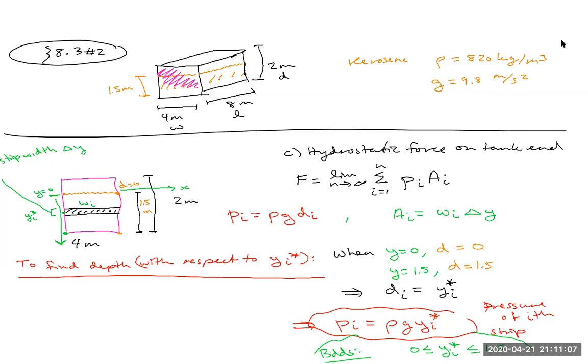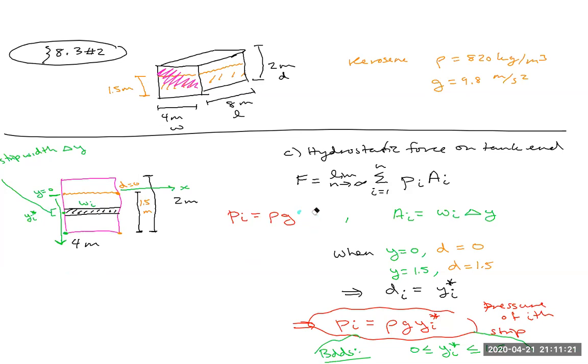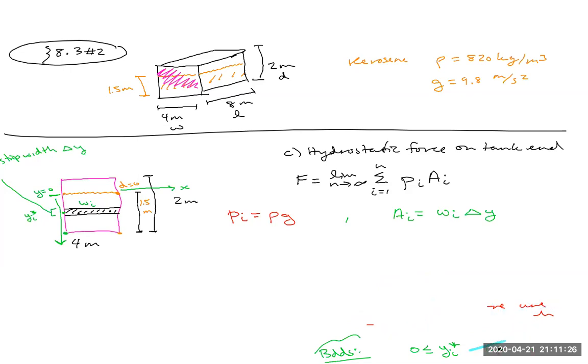All right, let me get rid of some of this. Okay, so what we found so far, pressure is rho g y_i star. And so now we have to tackle the area part.